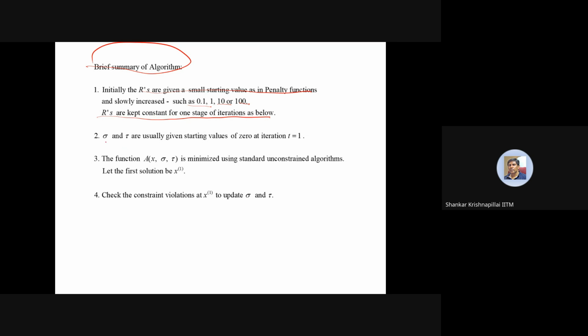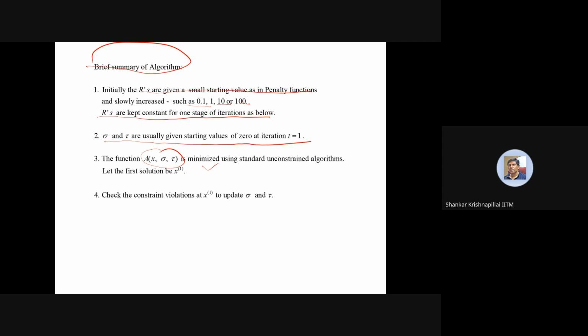Okay, then sigma and tau are given starting values of 0 at every sub-iteration, and you have to see if this augmented Lagrangian function is properly minimized with these values of sigma and tau.